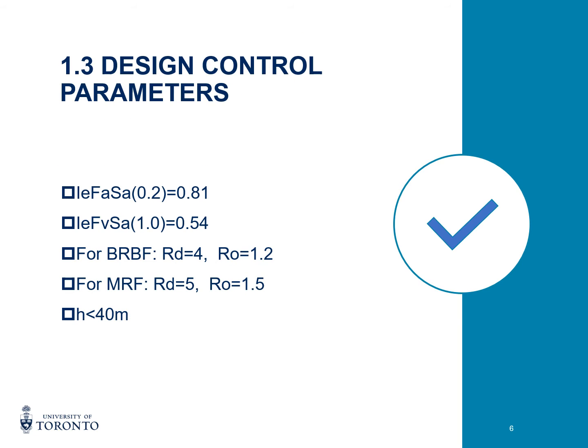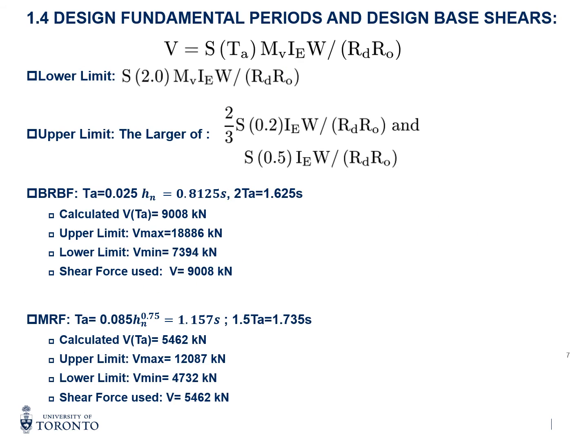Here are the important design control parameters that are used to calculate the base shear in the seismic force resisting systems. RdRo for BRBF and MRF are shown on the slides. As per NBCC, the formulas listed are used to calculate the floor shear and the upper and lower limit for the shear force.